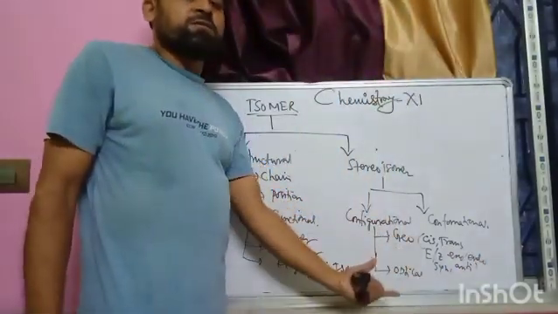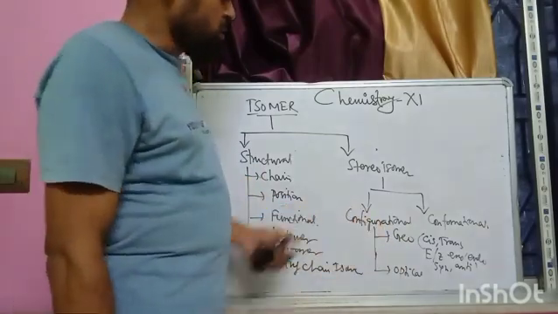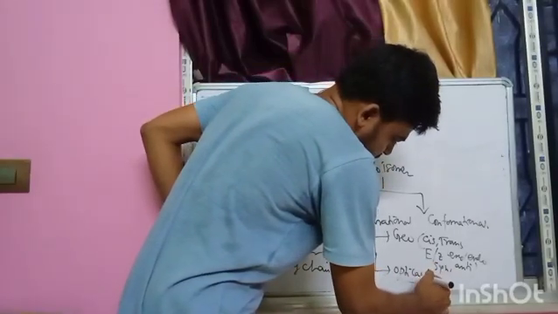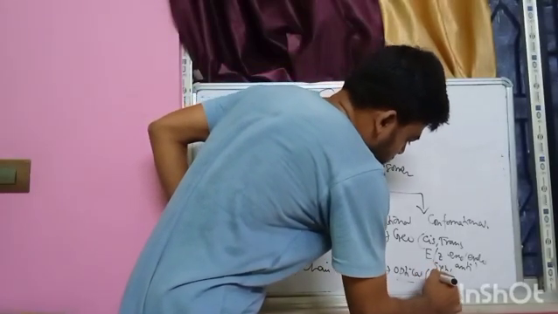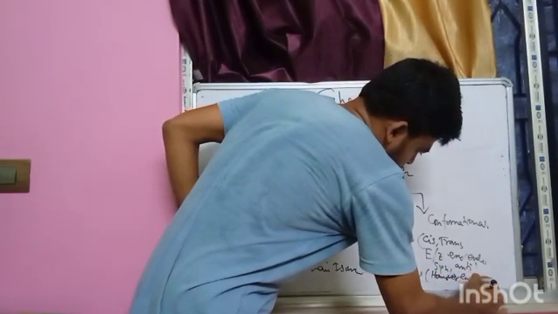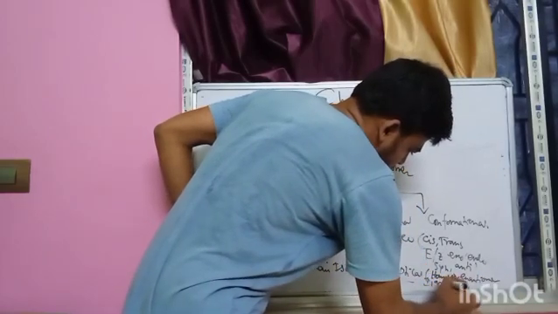Later we will discuss all these isomers elaborately on my channel, but in optical isomers we have homomer, enantiomer, and diastereomer.